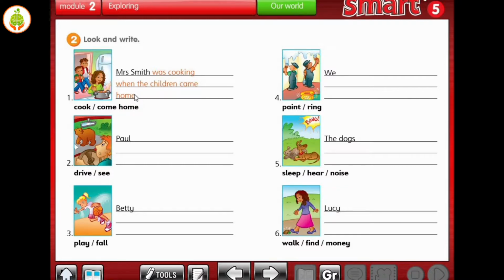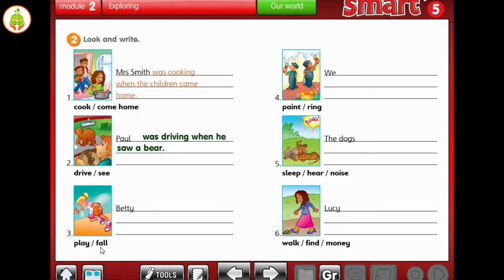So remember, please, after when, we always use past simple. Now, let's go to number 2. Drive, see. So Paul, what was he doing? He was driving when he saw a bear. Very good. Paul was driving when he saw a bear. After when, we always use past simple. Number 3.